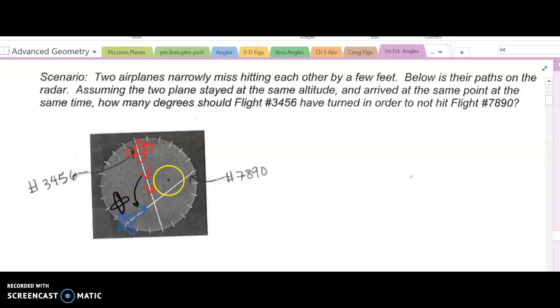In pretty much any other scenario, they're going to intersect if they're arriving at the same time at the same altitude. So the question is, what are the degrees of this angle?